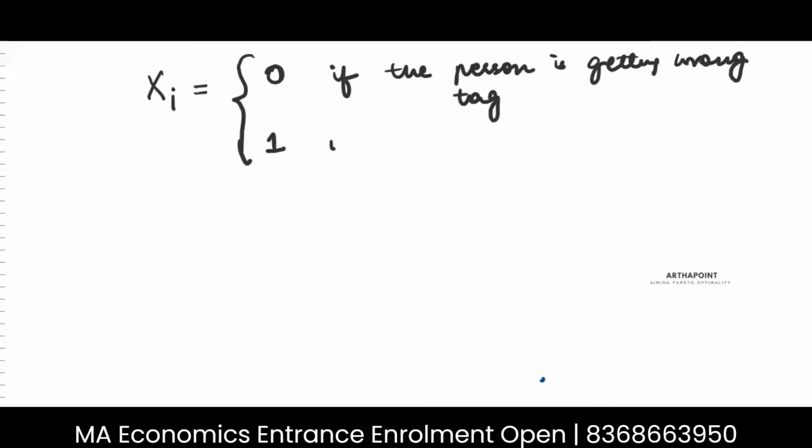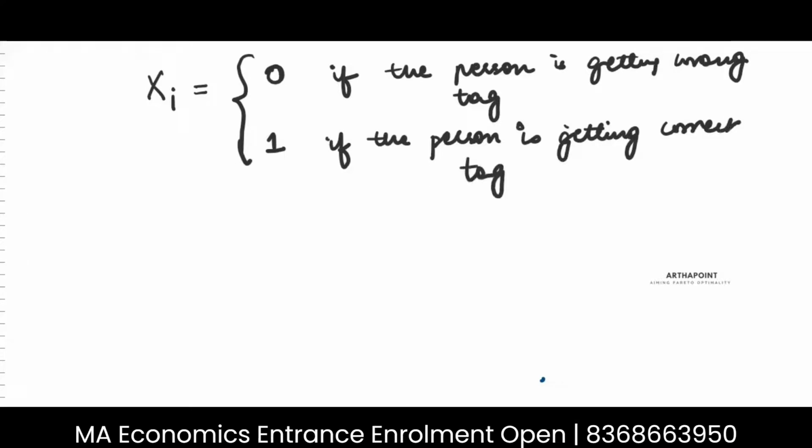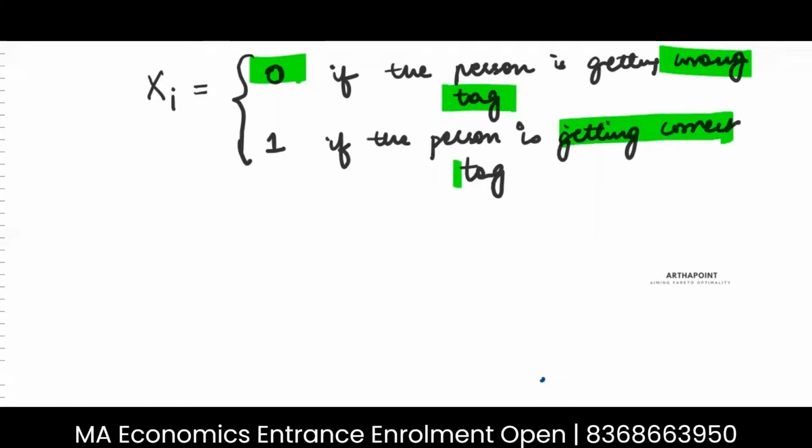And it takes the value 1 if the person is getting the correct tag. So if the person gets the wrong tag, then xi is 0. If the person is getting the correct tag, then xi is 1. These are the two possibilities.